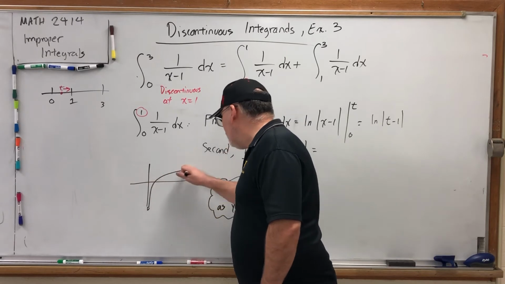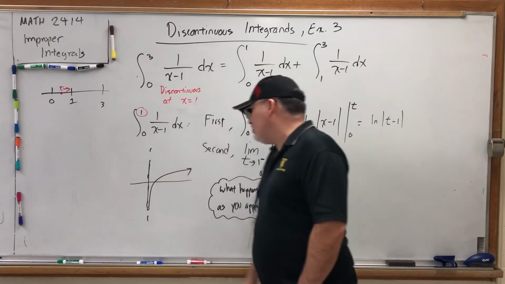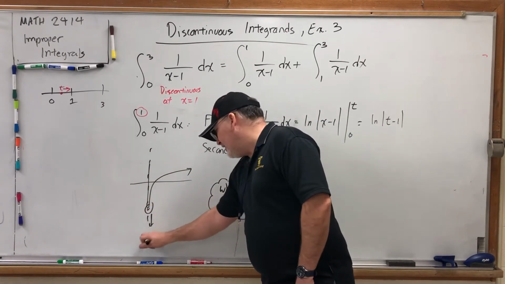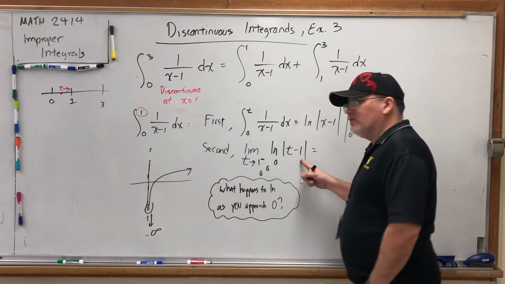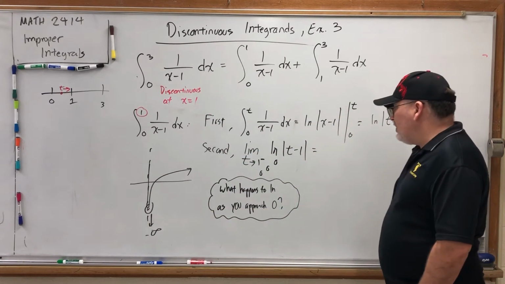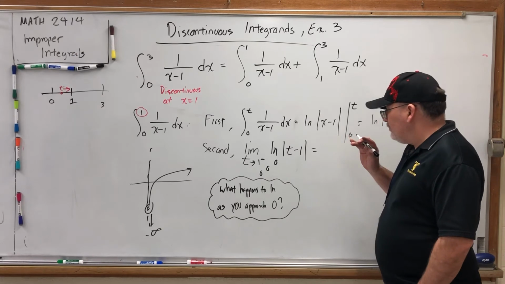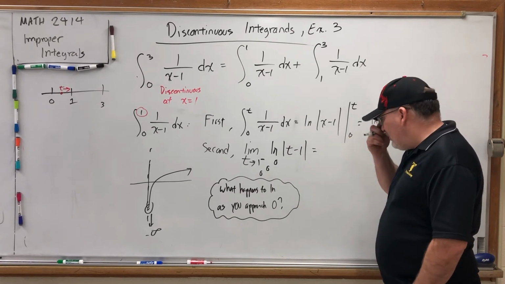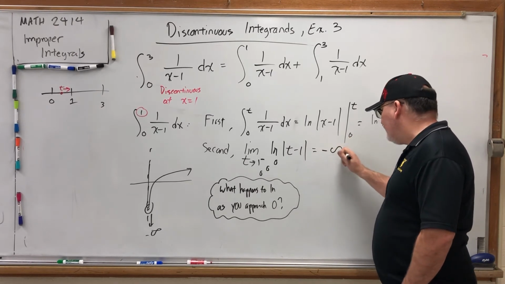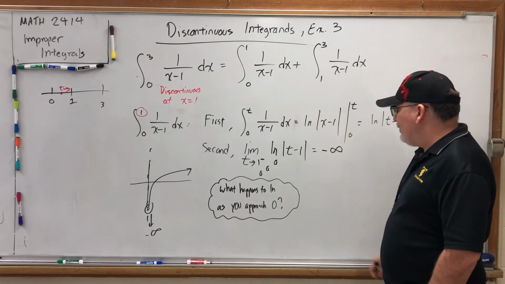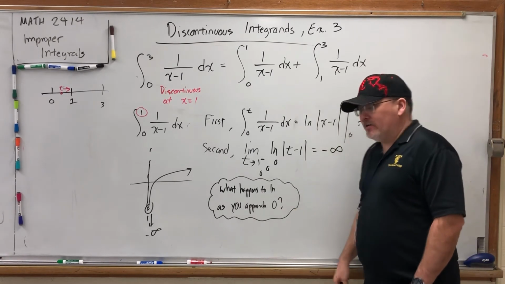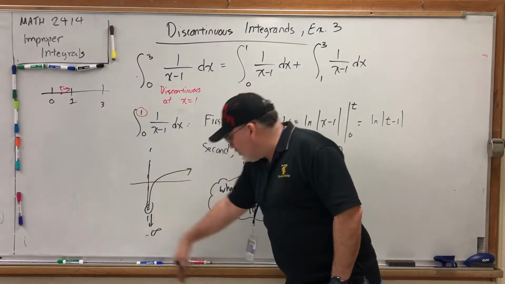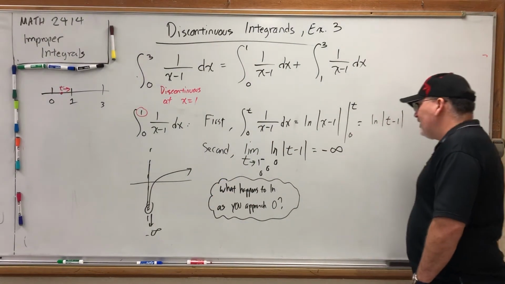The graph of natural log looks like that, with the vertical asymptote at 0. This whole thing is plummeting towards negative infinity. The absolute value happens on the subtraction problem, not after the log has happened. So as you approach 0, the log is approaching negative infinity.